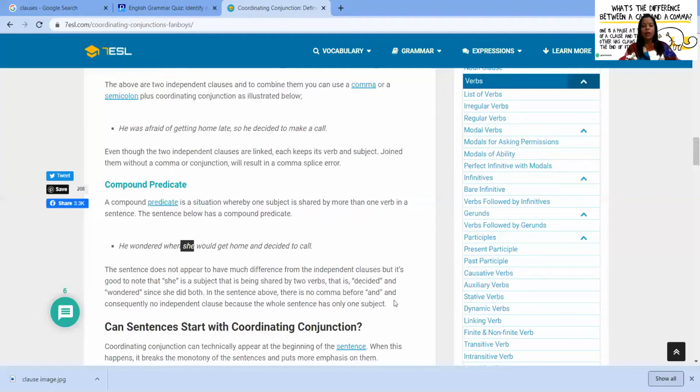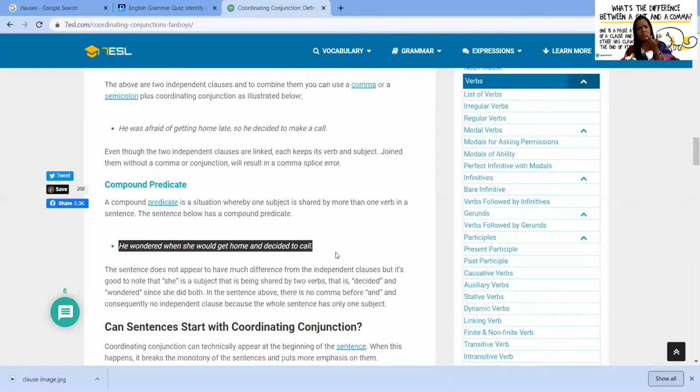So consequently, what is happening? There is no independent clause because the whole sentence has only one subject. So in this whole sentence, there is no independent clause. Why? What is the reason for this sentence not having an independent clause?